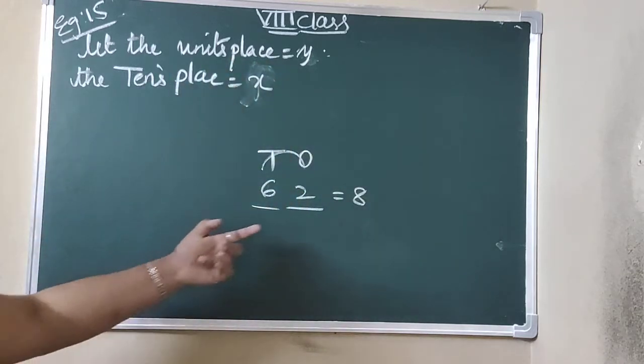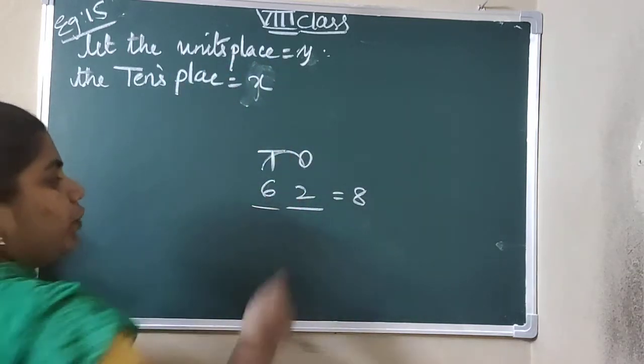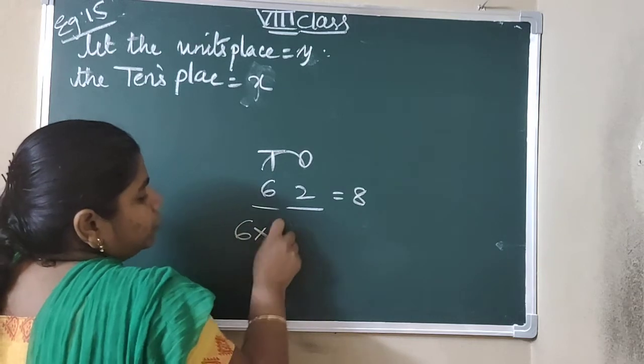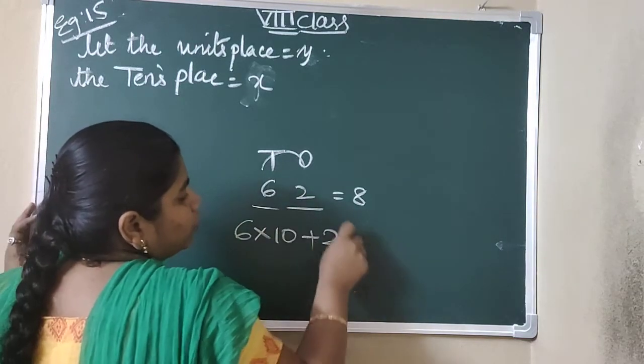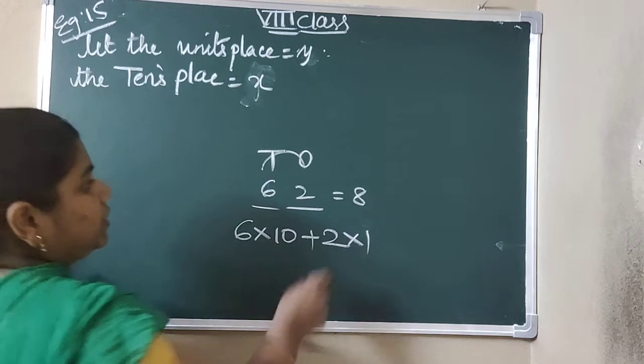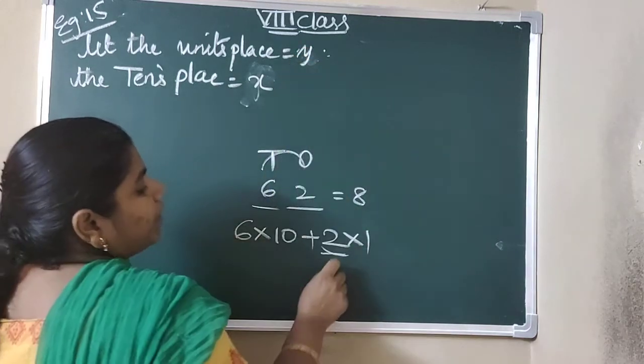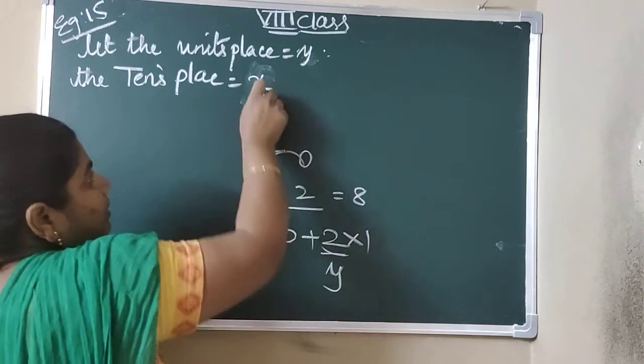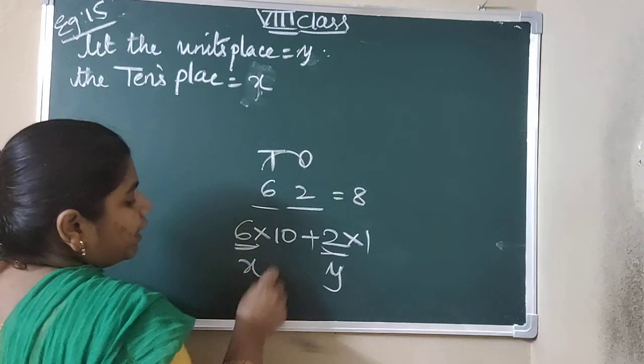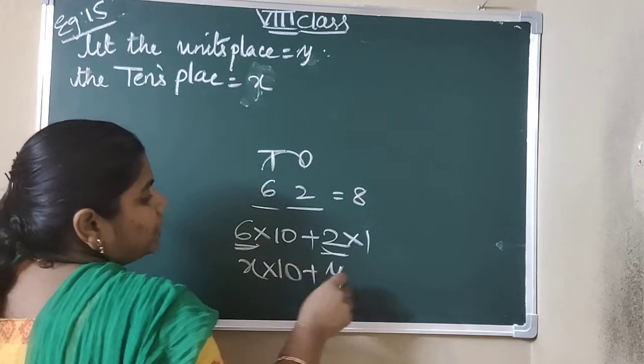If you expand 62, you will expand it in the form of 6 into 10 plus 2 into 1. Here the 2 value is y and the 6 value is x. So how can you write this? x into 10 plus y into 1.